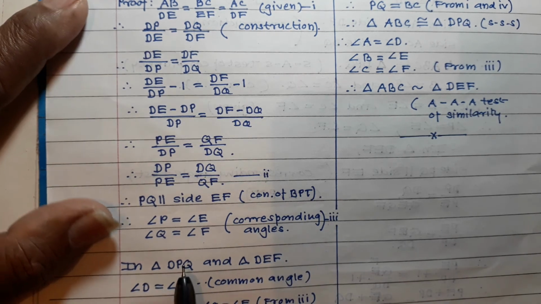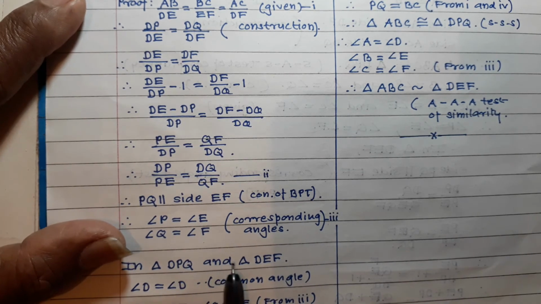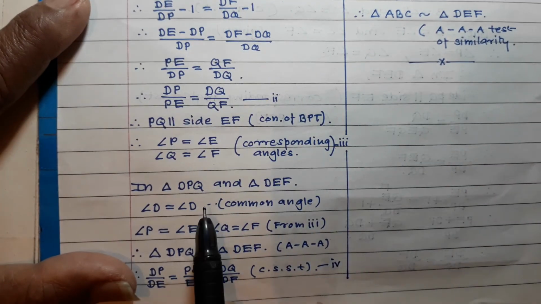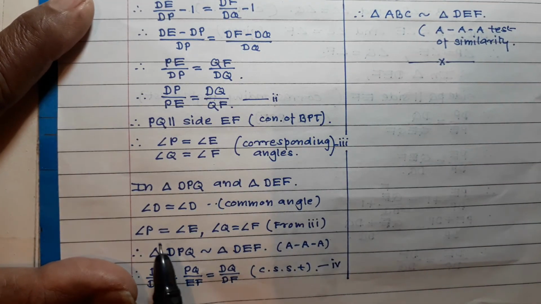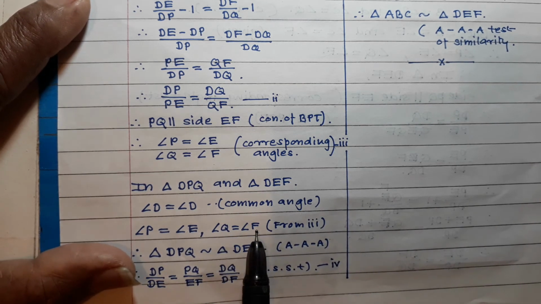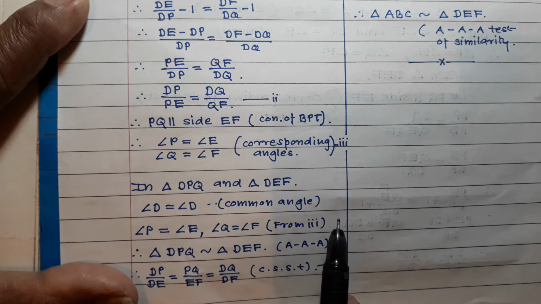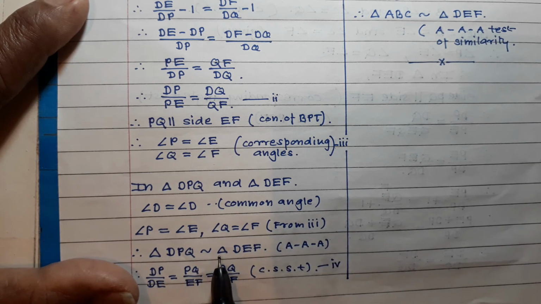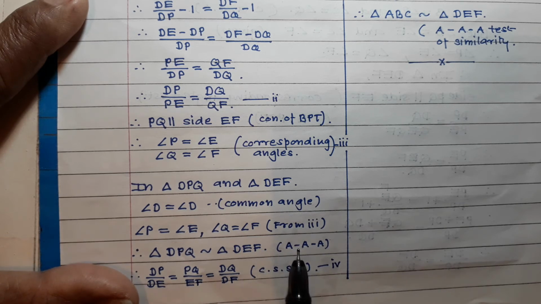Now in triangle DPQ and triangle DEF, angle D is equal to angle D, common, angle P is equal to angle E, angle Q is equal to angle F from 3, and therefore triangle DPQ is similar to triangle DEF by the AAA test.